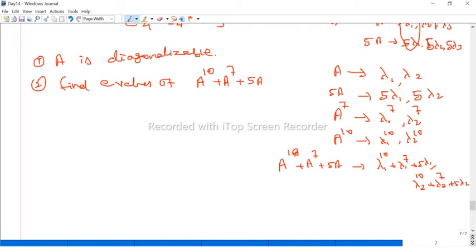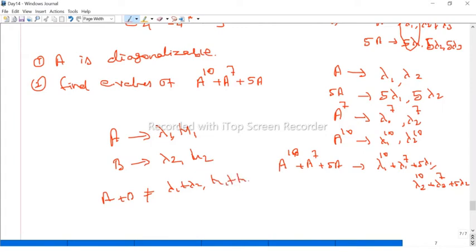This is another eigenvalue. This works only because all the matrices are the same matrix A. This is not true for the general case. Suppose A has eigenvalues lambda 1, lambda 2, and B is another matrix with some other eigenvalues mu 1, mu 2. We cannot say the eigenvalues of A plus B are lambda 1 plus mu 1, lambda 2 plus mu 2.